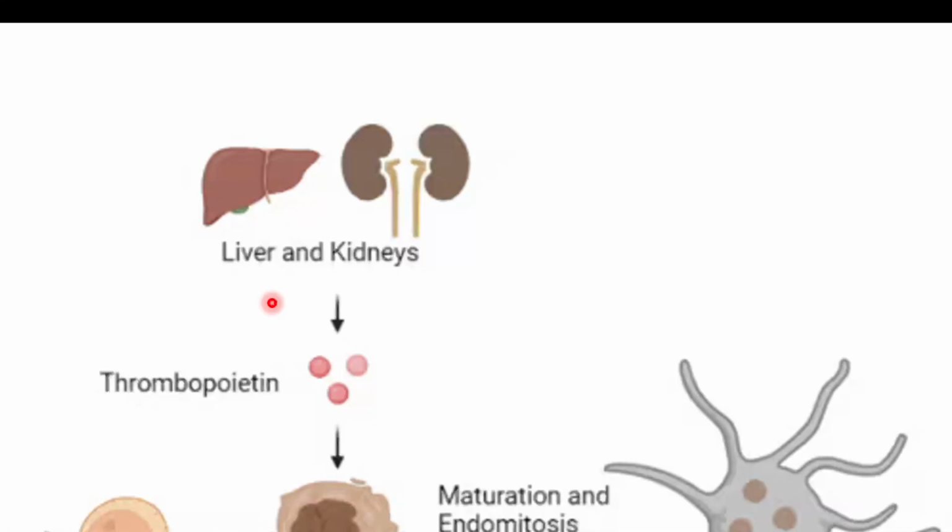So now, maturation and endomitosis. Endomitosis means the division of the nucleus within the cell sharing a common cytoplasm, which results in the formation of multinucleated megakaryocytes with proplatelet extensions. So these are proplatelet extensions, because these extensions undergo fragmentation, now forming blood platelets.